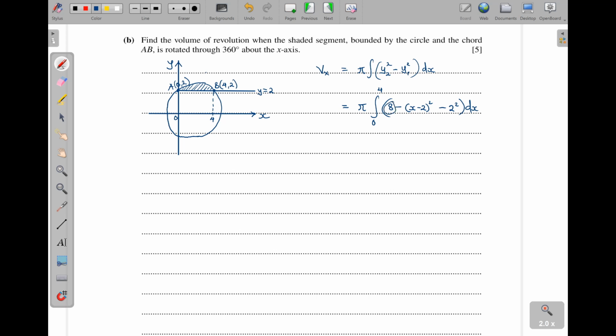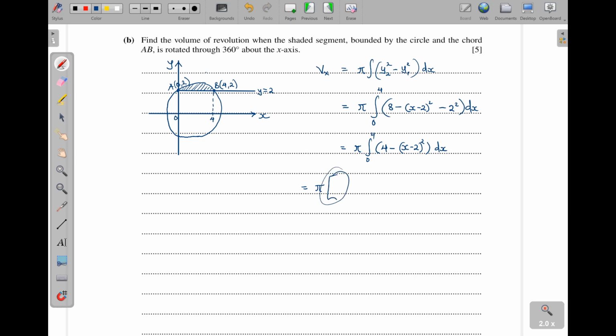Then from here, we can integrate. This is 8 minus 4. We get 4, right? So we shall get 4 minus (x minus 2) squared. Actually, if you want, you can expand the whole of this, but I can integrate everything straight away. Now, in my integration, remember, when you're starting to integrate, you remove the integral sign.